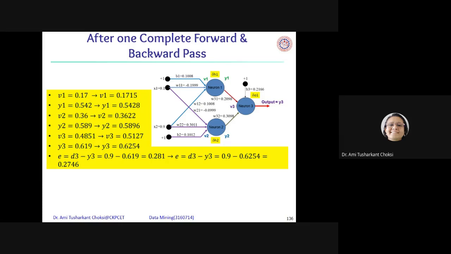So you can say that we found each and everything. What was before, what is now? What was before, what is now? So this is what we are doing, and we can say error is say 0.2746. What is that? It is D3 minus Y3, and we'll be getting the result, right?